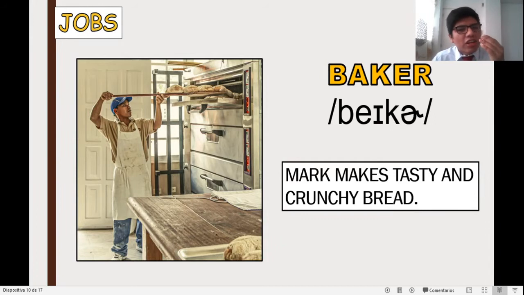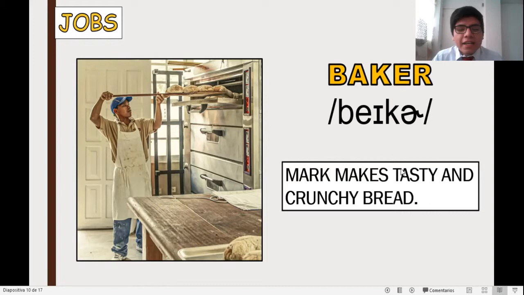That you hear the sound of maybe the bread, the chicken. Did you go to McDonald's? The crunchy chicken. So you chew it and you hear the sound of the chicken. That's crunchy. And what is tasty? Tasty is like delicious.